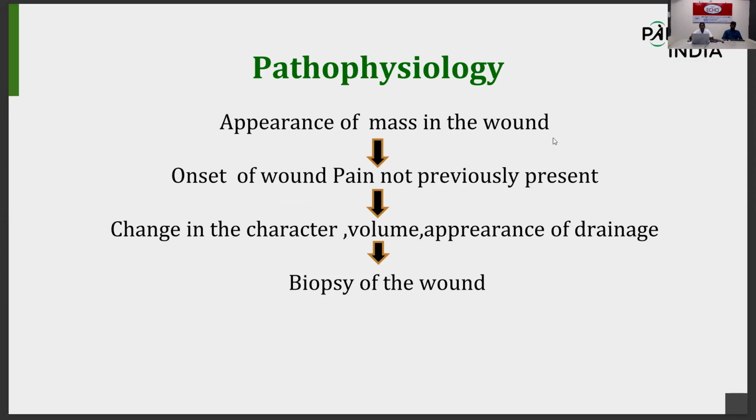If we do a biopsy of this wound, it will show malignant changes. This is Marjolin's ulcer. Is it clear? Here the patient is already having a chronic wound. Is it clear?